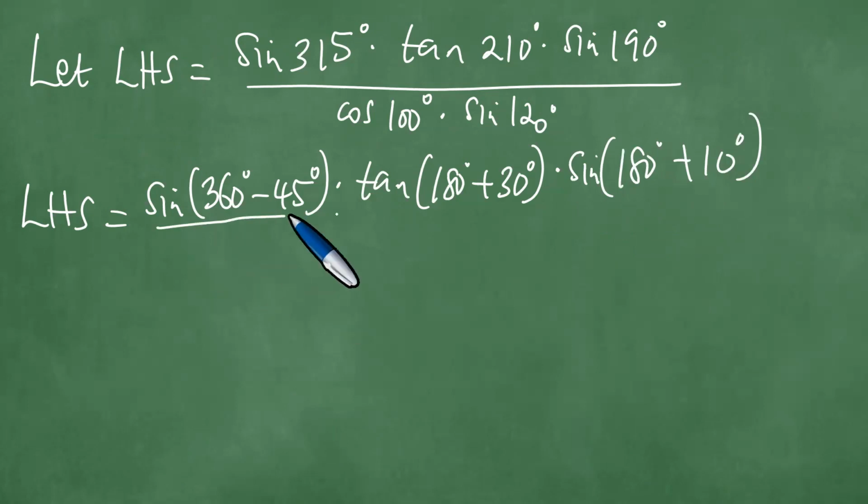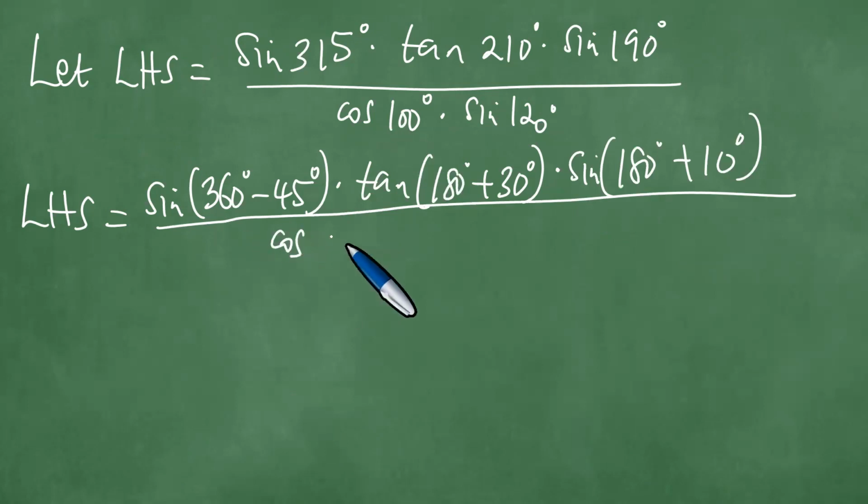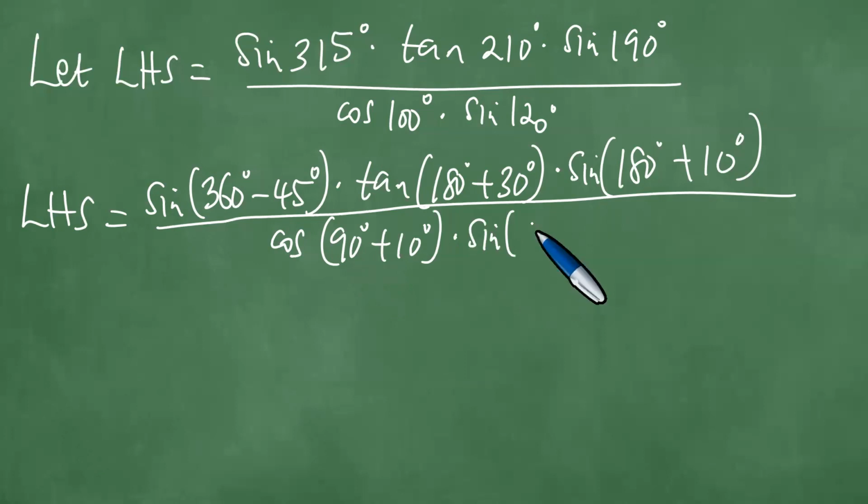Like so. What about 100? Cosine 100 degrees in the denominator. How do you reduce that one? We say 90 plus 10. Well done. What about 120? Sine 120. 90 plus 30, which is 90 degrees plus 30.